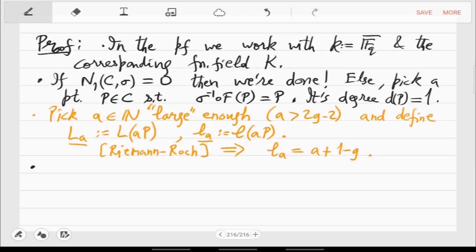Well, it's not quite true. It's N1(C, sigma), so it gives you points for which the Frobenius moves to a conjugate. Yes, so there is an additional sigma here. But suppose you were talking about N1(C). N1(C) gives you real actual points.